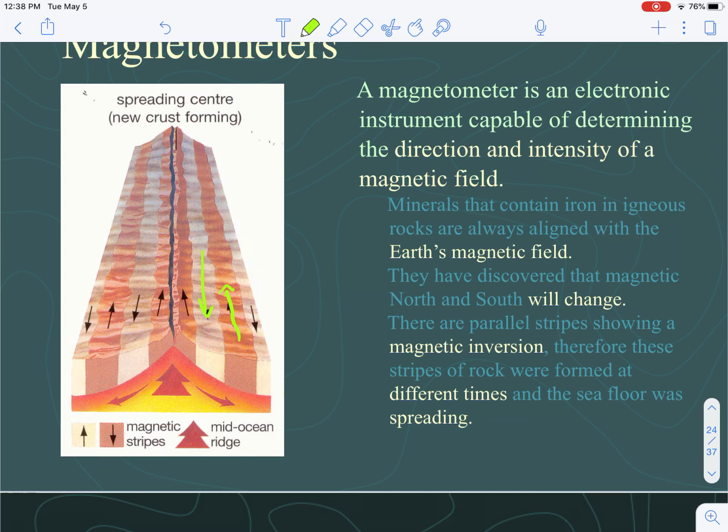So they're looking at different kinds of rocks being formed in those striped areas, and that they must have formed at different times.